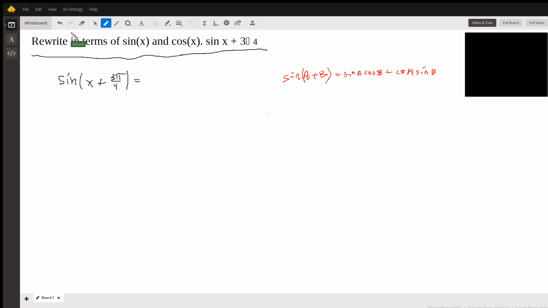So let me go back here and we'll plug it in. So this is going to be sine x cosine 3 pi over 4 plus cosine, cosine 3 pi over 4.